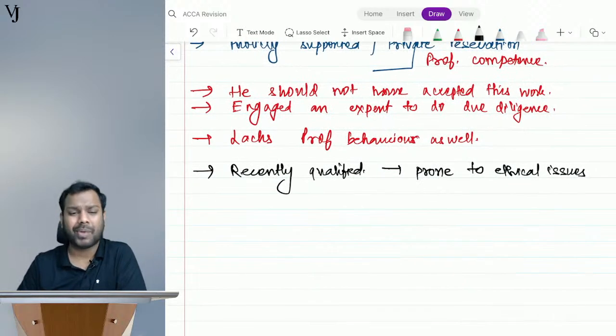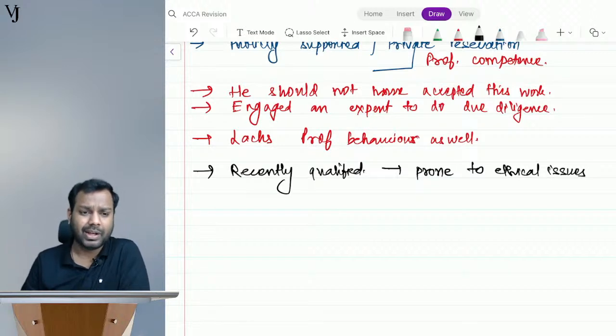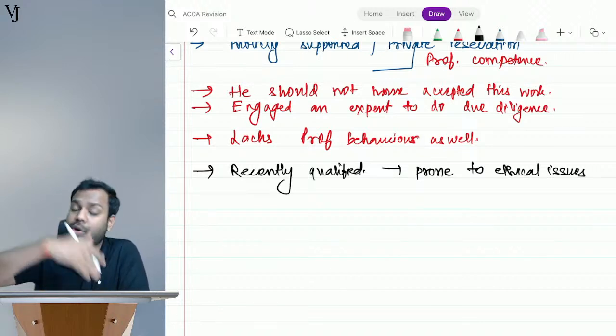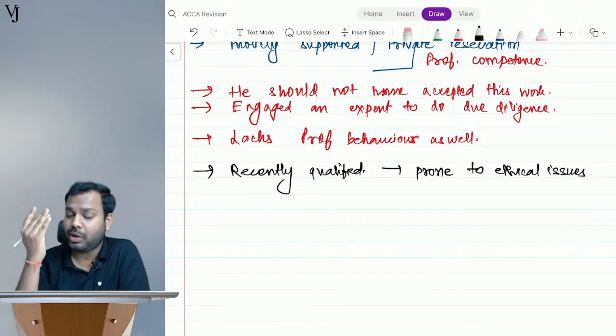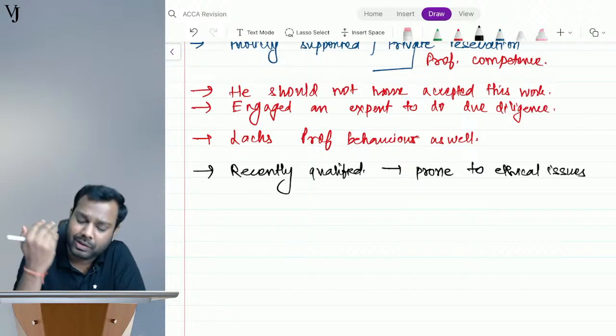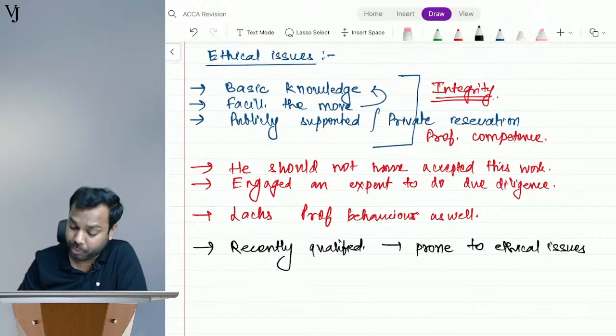Because they don't have much experience, and they don't know what is correct and what is wrong. And they want to grow in life, so they think, oh, this might be the correct way to grow. Everyone does this way, so this might be the correct way. So he is much more prone to this one.